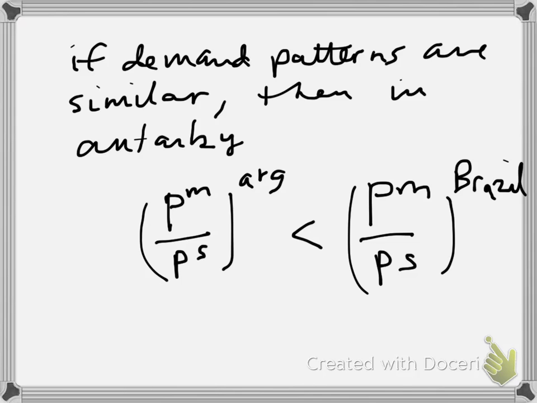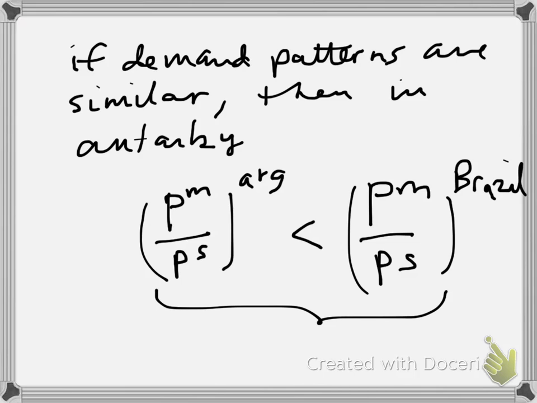So as long as demand patterns are similar, the prices will be lower in the product in which the country has a factor that is relatively abundant and specific to that product. So that's the specific factors model.